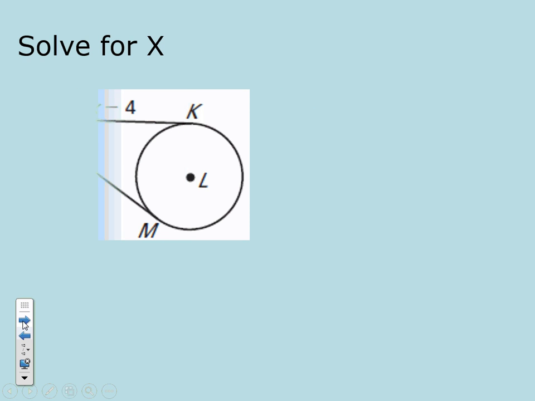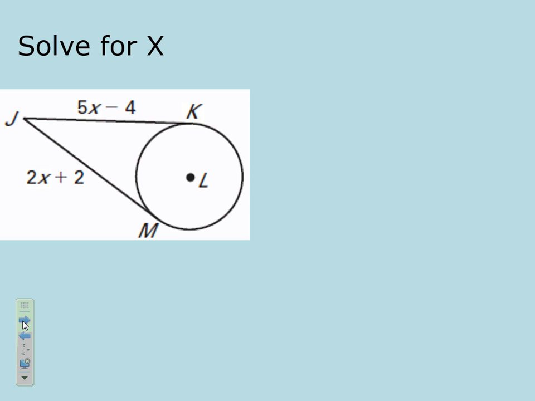All right, moving on to our very last example. We need to solve for x. Now, we just discussed this. We know that this segment, because it's a tangent, and this segment meet at the same point, those two segments are congruent. So when we solve this one, we're going to have 5x minus 4 equals 2x plus 2.